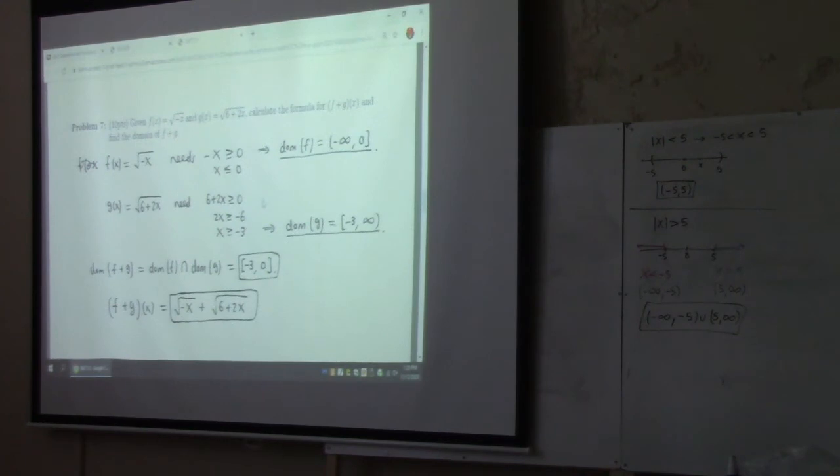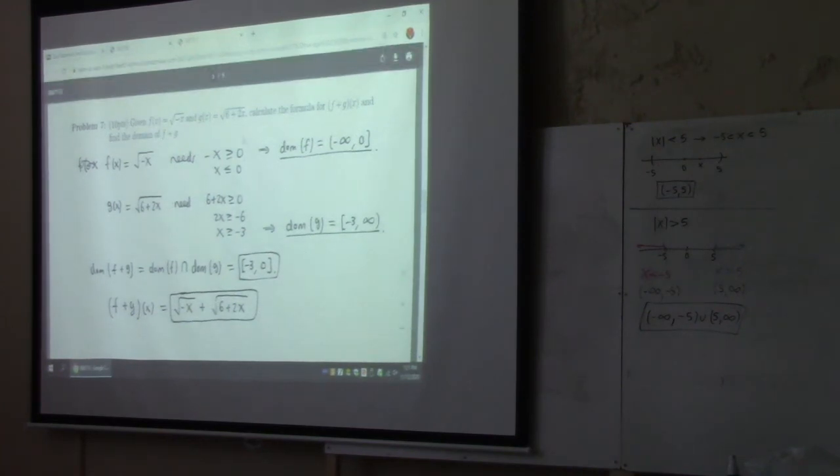Problem 7, we're supposed to find the domain for the function f plus g, and there are problems like this in the homework, right? We spent a fair amount of time talking about this kind of problem at this point in the course. But essentially the story is figure out the domain for f, figure out the domain for g, and then the intersection of those two is the answer.